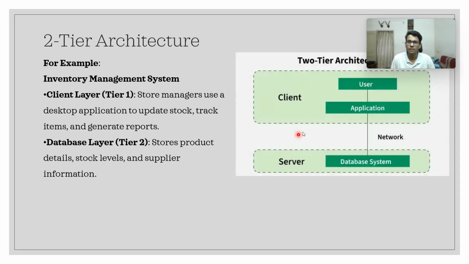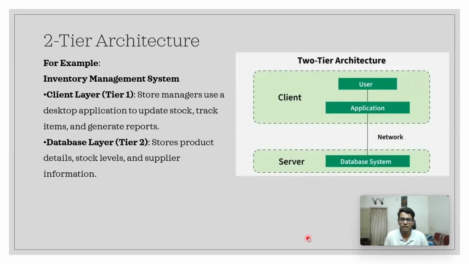So now let's have an example of the two-tier architecture. So here we have the example of the inventory management system, where the client is our store manager who uses a desktop application to update the stocks or generate reports and track the various items, while the database layer, which is kept on the server, will store the product details and the supplier information.